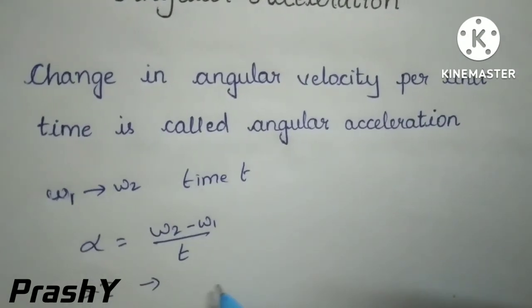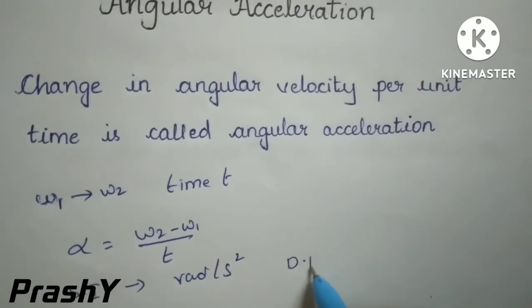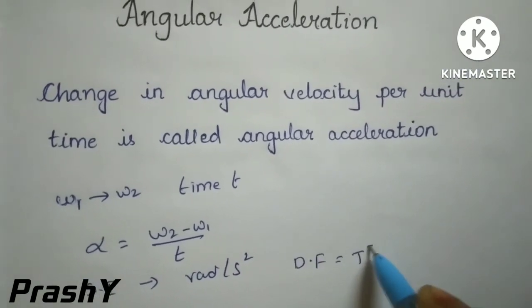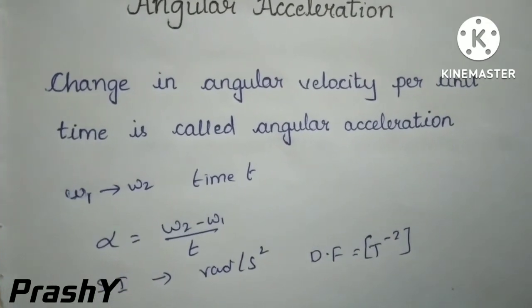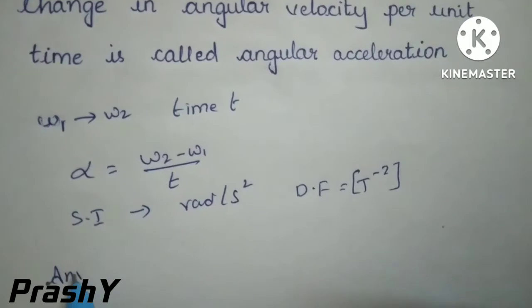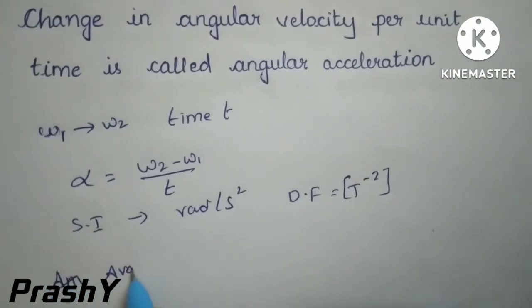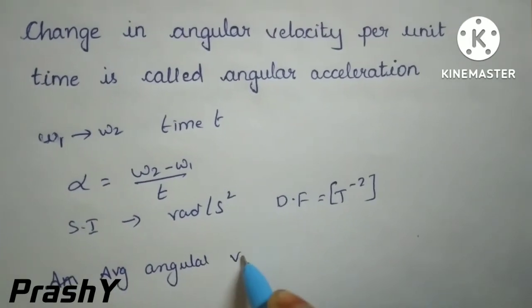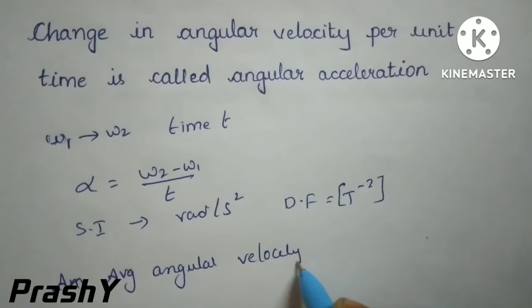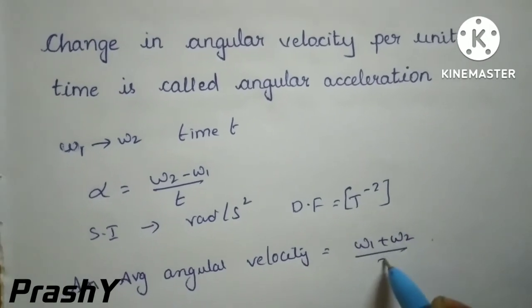SI units are radian per second square, and the dimensional formula will be T power minus 2. So average angular velocity is given by omega 1 plus omega 2 by 2.